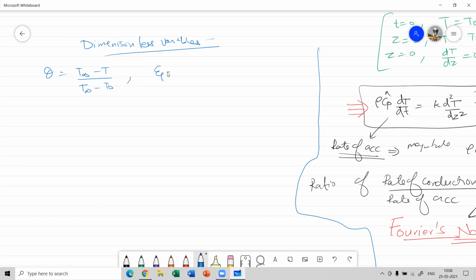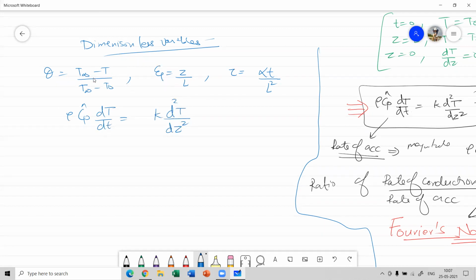The other one will be the characteristic length dimensionless, that is Z by L. And the other one will be with respect to tau, that is the Fourier number, alpha t by L square. So we'll take these three terms. So your rho Cp dT by dt is K d square T by dz square.